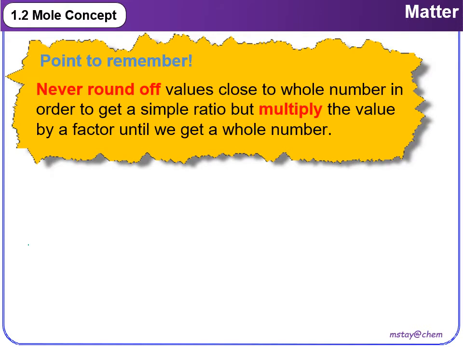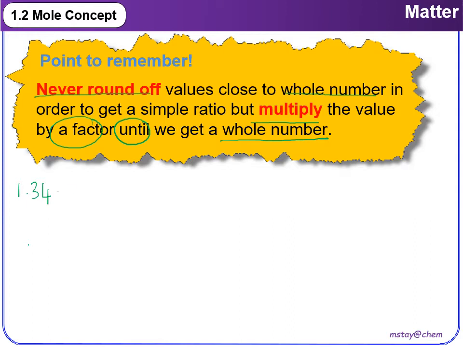One point to remember, never round off to a whole number carelessly, but you can multiply by a factor until you get a whole number. Take the example 1.34 that appears in the question.